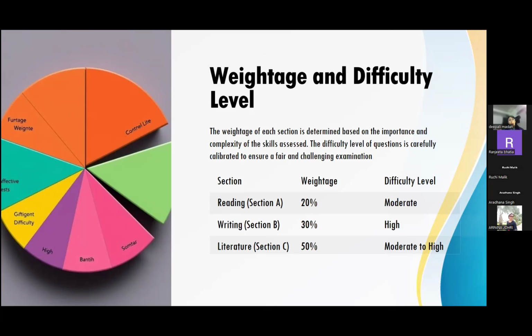Then extrinsic difficulty comes from how the question is asked, if the language of the question is such that it makes the question difficult. So we have to see that the difficulty level is balanced, like the way CBSE wants us to keep. So 20% moderate, then 50% is moderate to high, like the middle part. And finally, 30% of the difficulty level will be high for the brighter students.